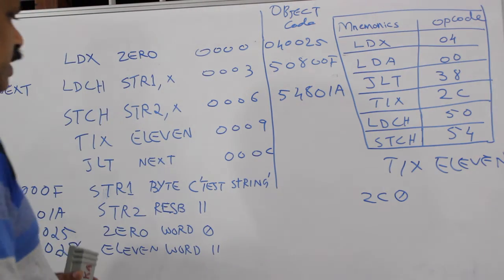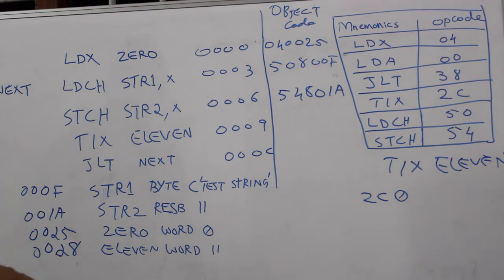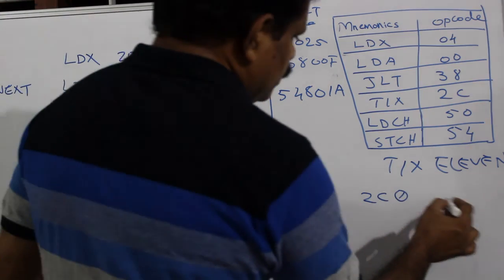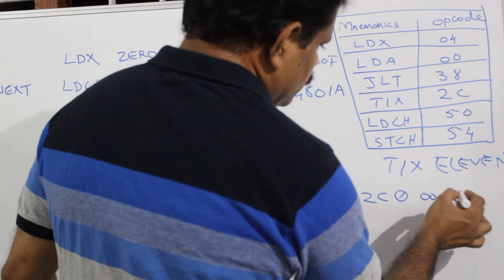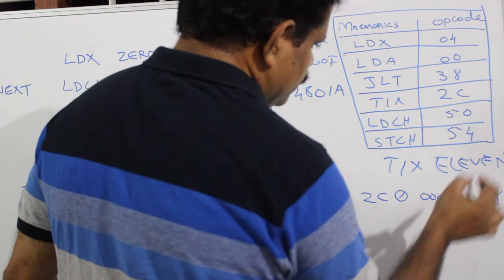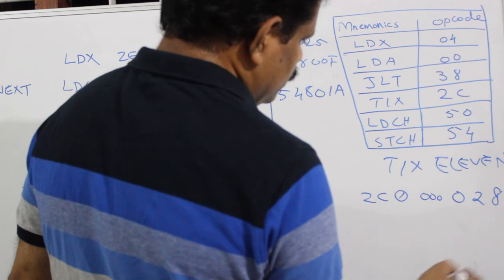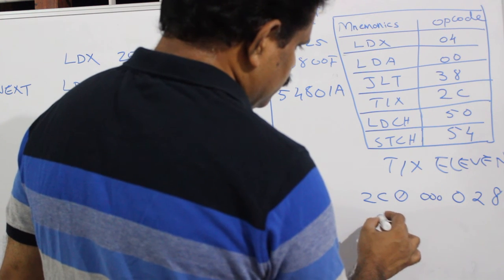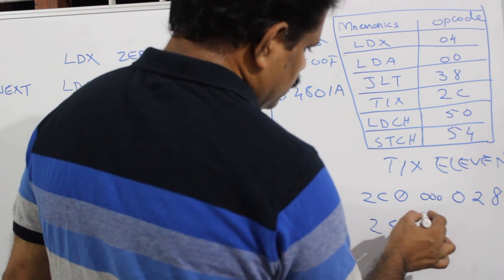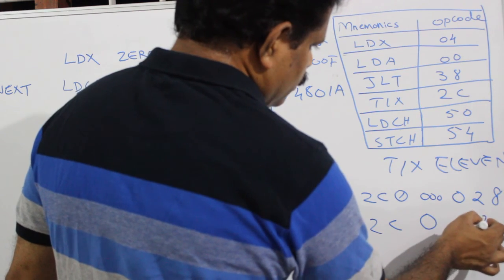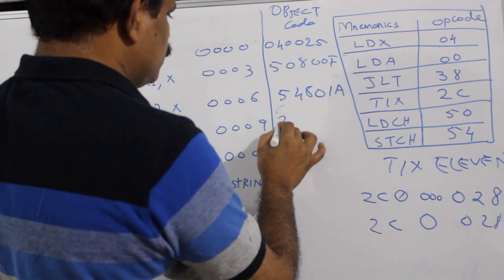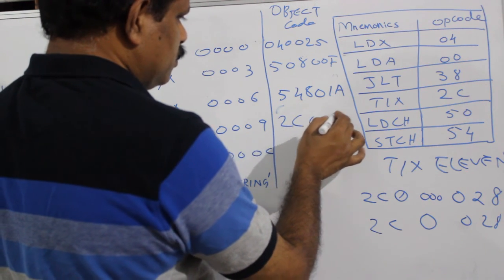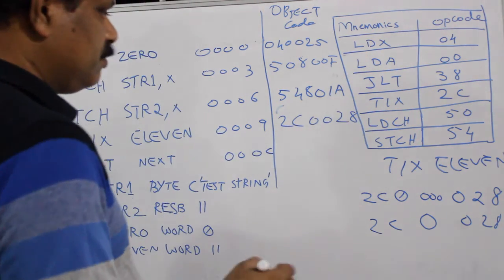Then the address of 11 is 0028. Okay, so this will be 2C0028.